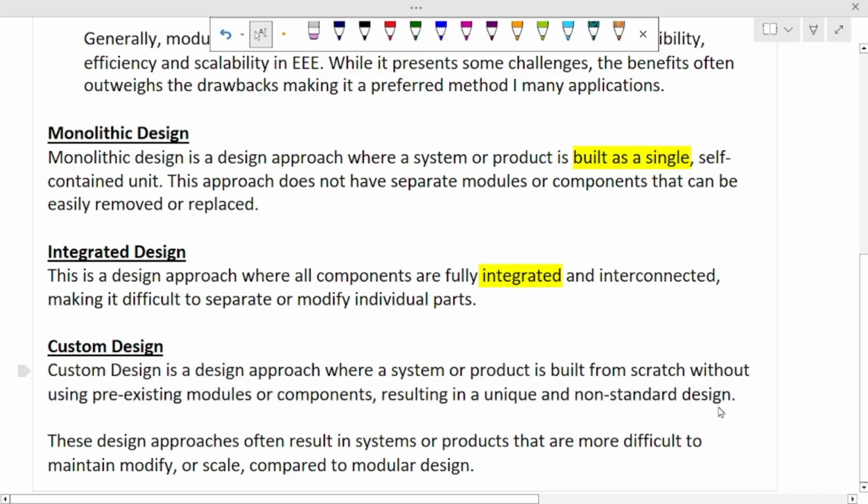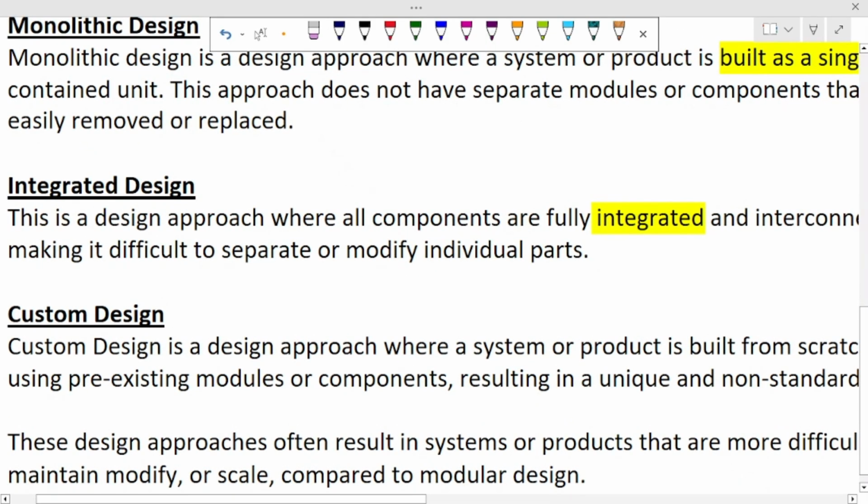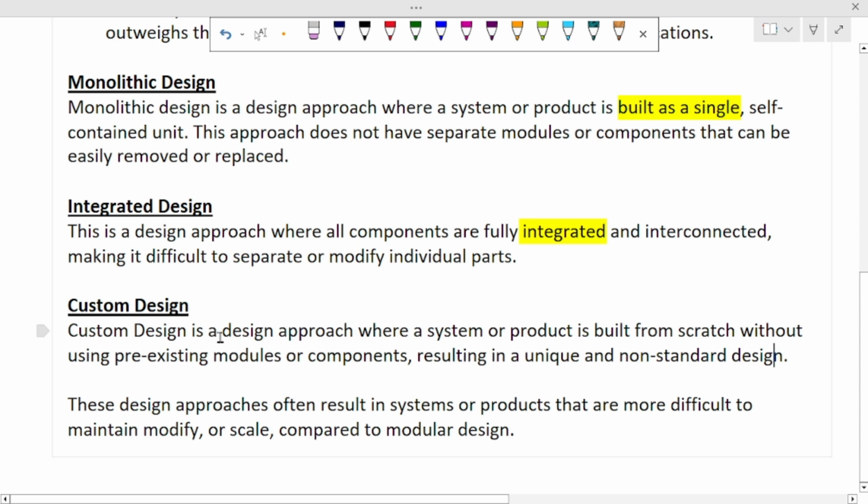Okay, custom design is a design approach where a system or product is built from scratch, without using pre-existing models or components, resulting in a unique and non-standard design. It depends on the designer. It may look like integrated, it may look like monolithic, it may look like modular, but it may not be them. Depends on the designer.